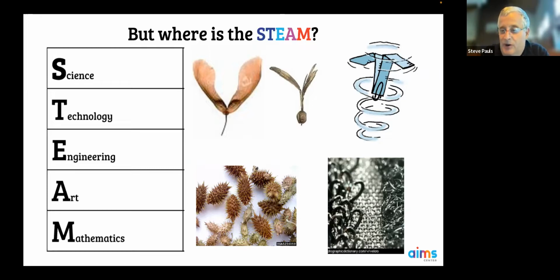The engineering part is changing the design and seeing how adding different weights or different lengths of blades affects our helicopter and how it flies. And of course, art: we can decorate our helicopter, give it different patterns, which change when it spins, and use a camera or slow-mo camera to see some of those colors and color mixing.